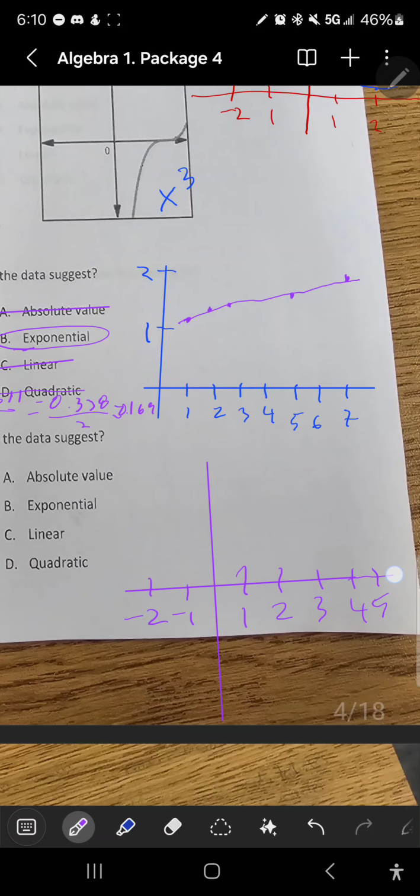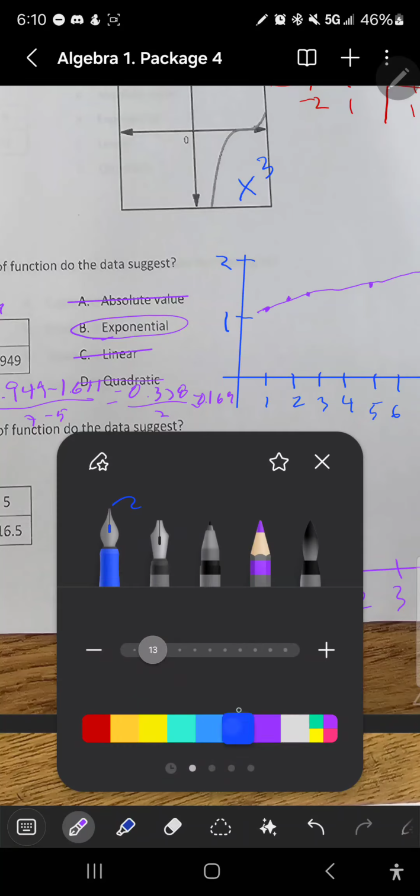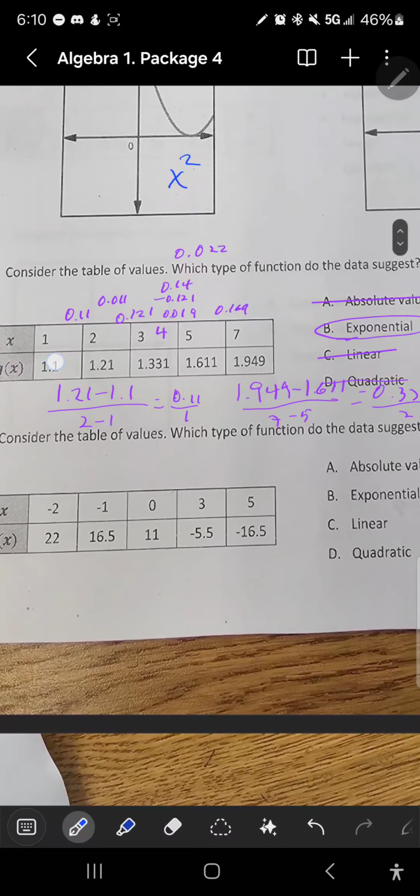I'm going to put by 5, so 5, 10, 15, -5, -10, -15. I'm going to graph.